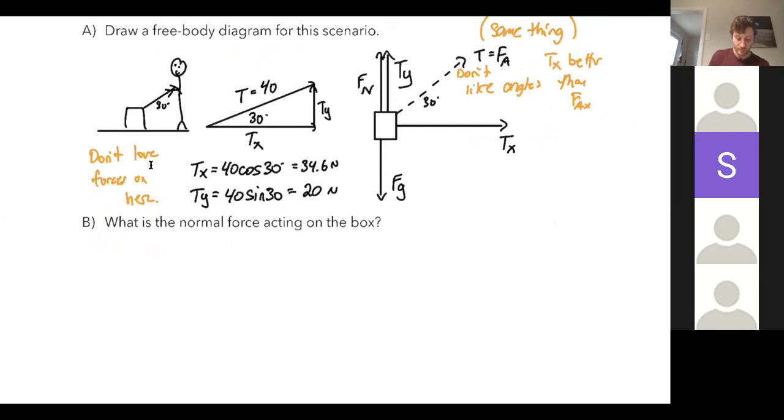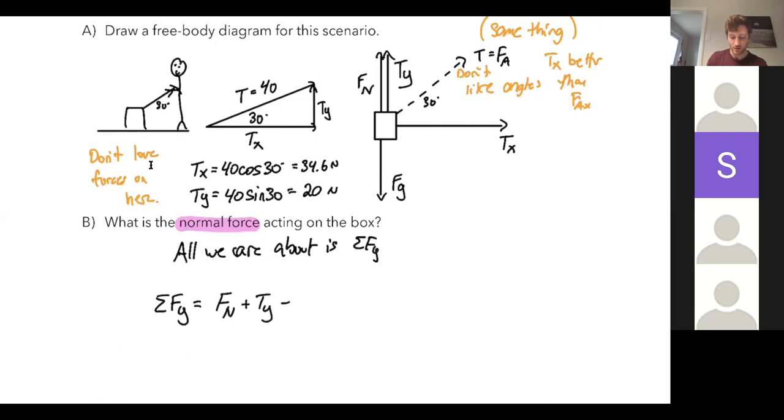Since we are looking at the normal force, all we care about is the sum of the forces in the y direction. The normal force doesn't exist in the x direction, so we don't care about it. In the y direction, we have our Fn going up, we have our Ty going up, and we are fighting against the force of gravity going down.